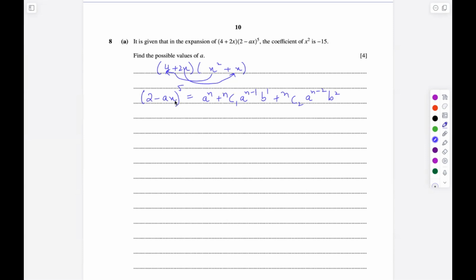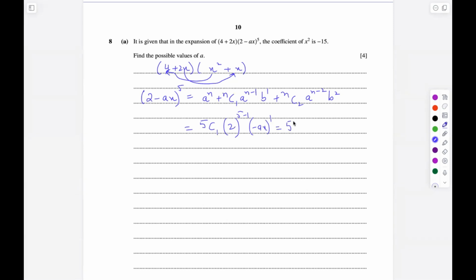Now in place of b we have ax, and as we need the terms in x and x squared, we can use nC1 and nC2. So using 5C1, as there's a negative sign over here, we'll have to be careful about that. In place of a, we'll write 2, and this will become 5 minus 1. And as b is -ax over here, we'll write (-ax) to the power 1.